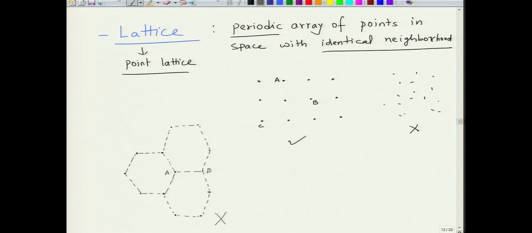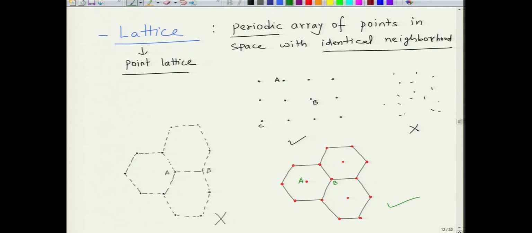However, if you have an arrangement something like this, and I put points here, here, here, here, here, here, and additionally I put a point at the center, then whether I look at point A or B, all of them have identical neighborhood, which means this is a point lattice.